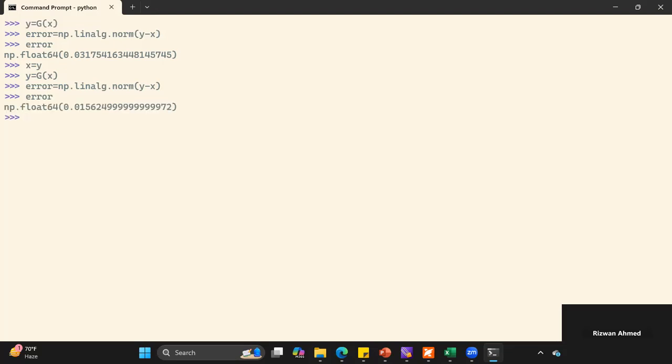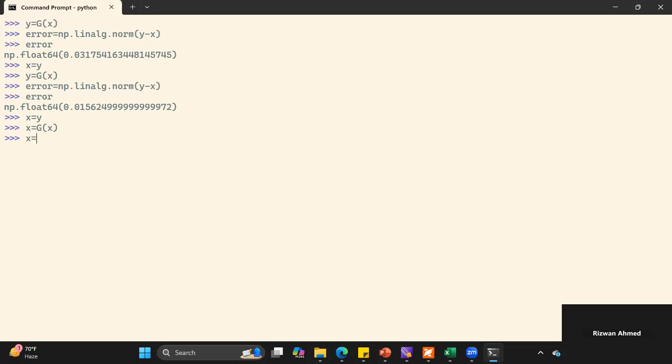You can program in Python to look for the errors and then decide whether to perform a new iteration or to stop at this point. So we can witness that the error is decreasing. Let me do some calculation in a quick way. x is equal to y, and then I say x is equal to g of x.